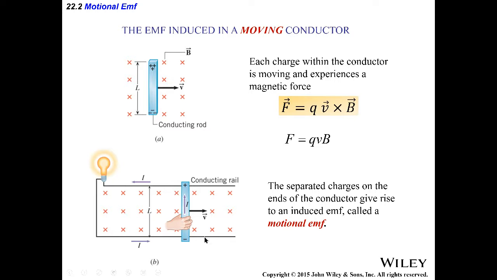So the fact that you now have an EMF, electromotive force, but it's a misnomer. The fact that you have an EMF due to the motion of the rod, they call it the motional EMF. It is not emotional, it's just simply motional, meaning it is produced by the fact that your rod is moving. You are pushing.